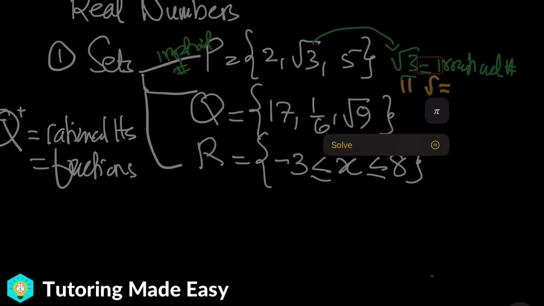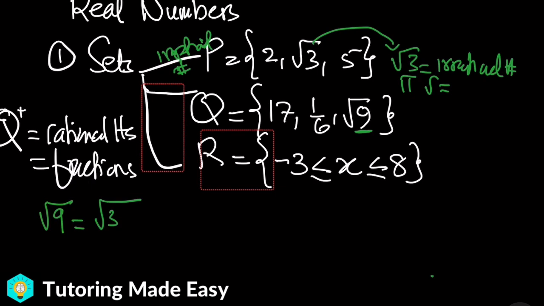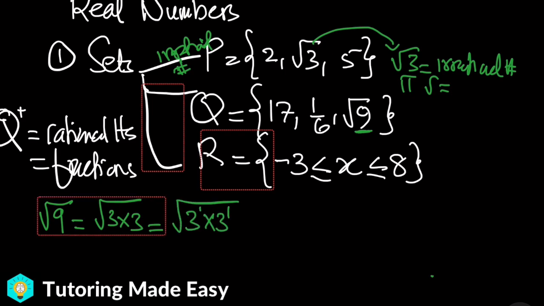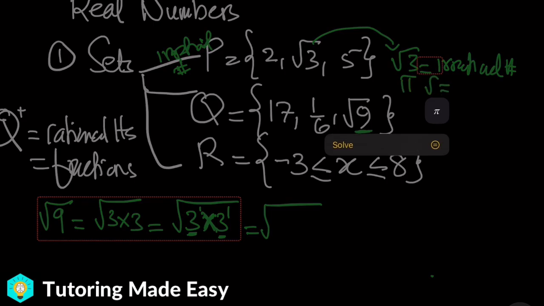But if we take set Q, remember that this square root of 9 is actually what? 3. Why? Because square root of 9 is the same as square root of 3 times 3, which is the same as square root of 3 to the power 1 multiplied by 3 to the power 1. Because the bases are the same and the sign in between them is multiplication, we add their powers or exponents.